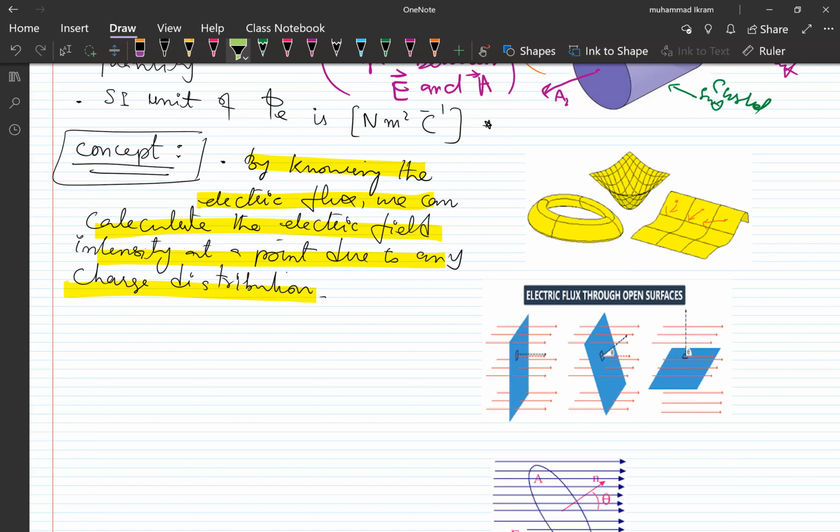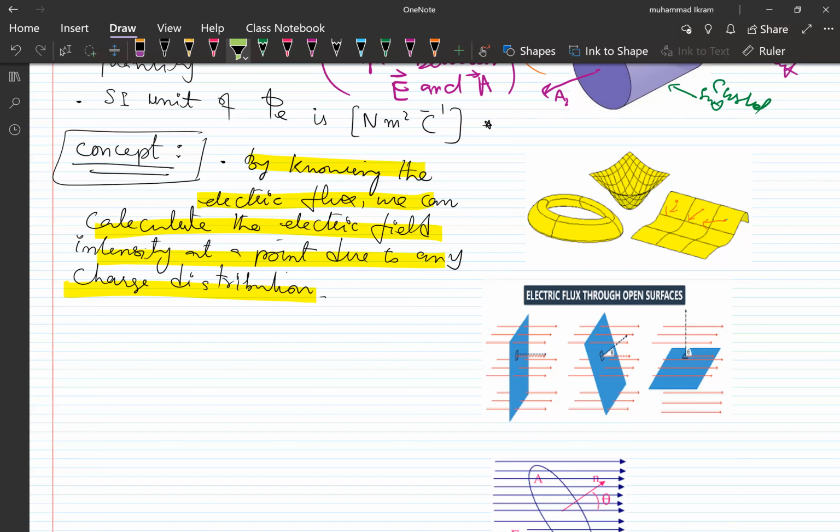For example, instead of a point charge, if you have a sheet of charge, or a cylindrical shape of charged conductor, will it be easy to calculate the electric field intensity by applying Coulomb's law? Certainly not. Very difficult. Why? Because of that vector nature. Here the electric flux is purely a scalar quantity.